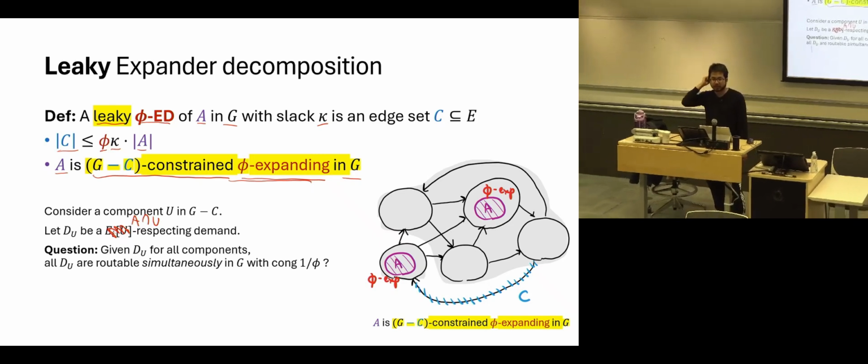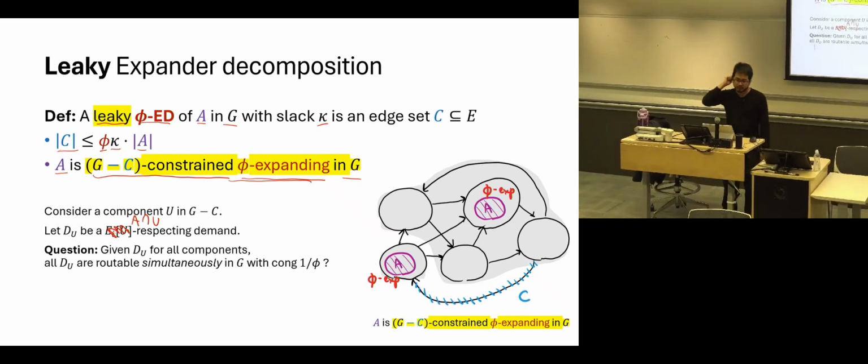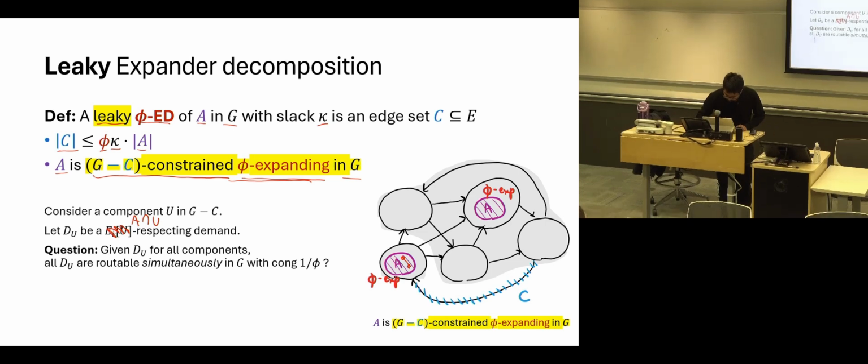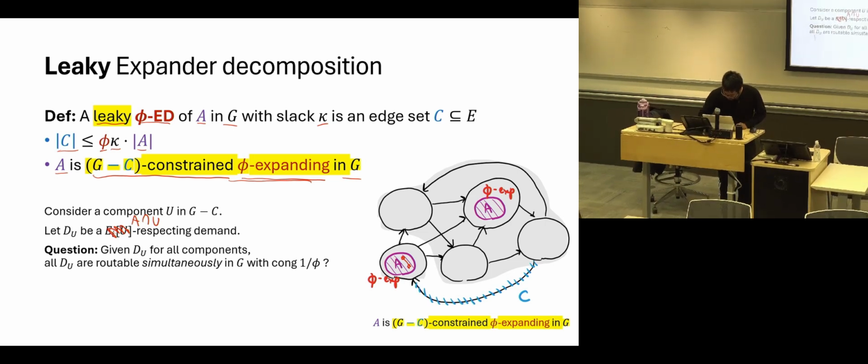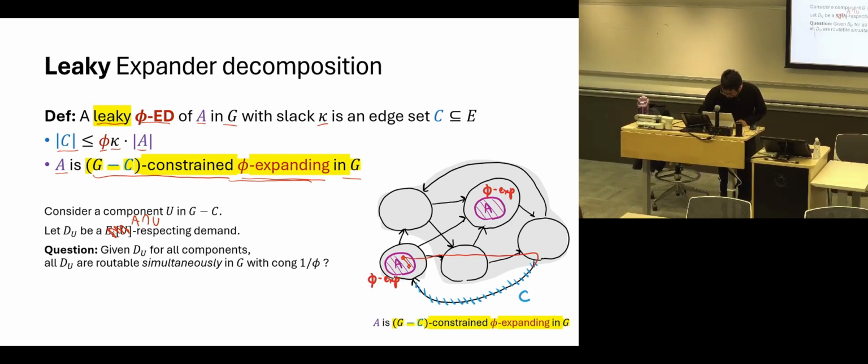Not necessarily, because we're allowing routing outside of the component, so there could be some sparse cut in G or something. This demand might route outside the component, and this thing might also route outside the components.